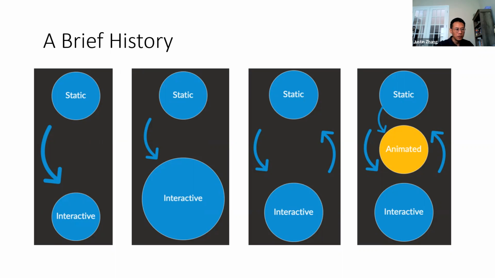And everything became interactive. You could click on every line, bar, and dot, or roll over a particular element, and a pop-up is going to show up to give you more details.